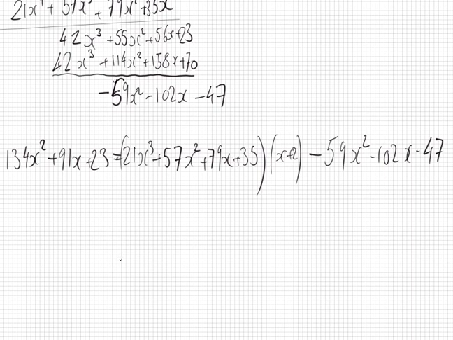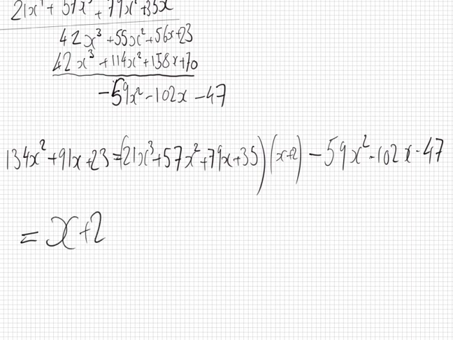Now, what do I do next? Do you remember the next step? You divide everything by the denominator. I know what it is. Because the same thing is going to happen. When I divide by this cubic, it cancels, and I'm left with x plus 2.